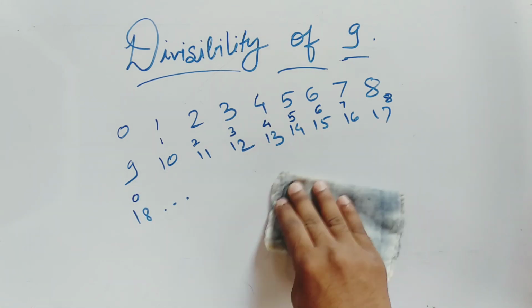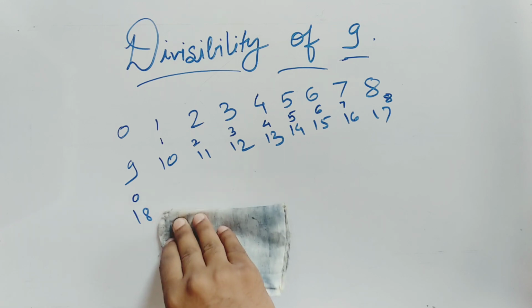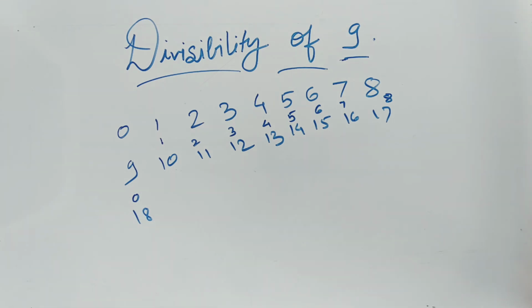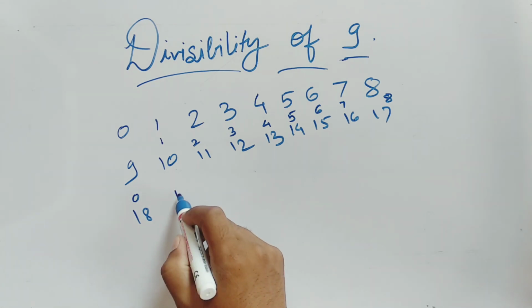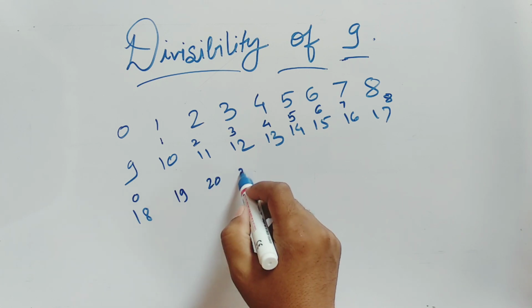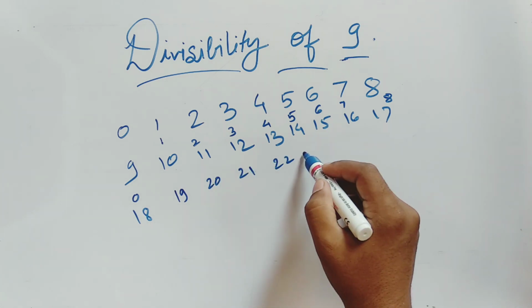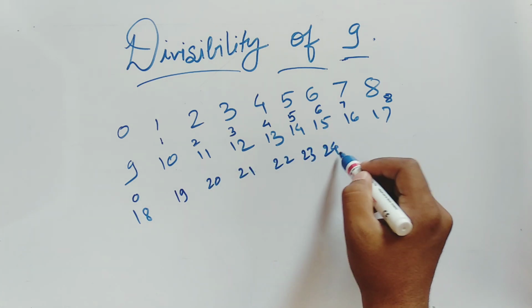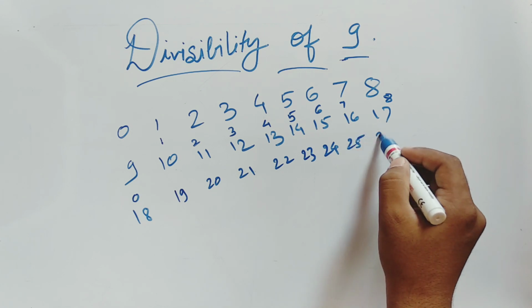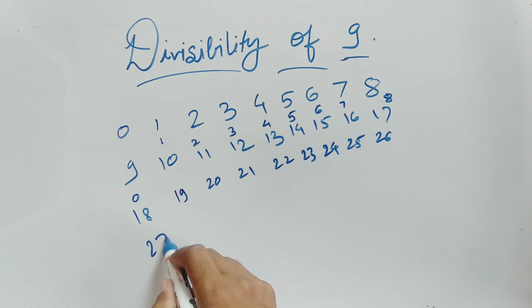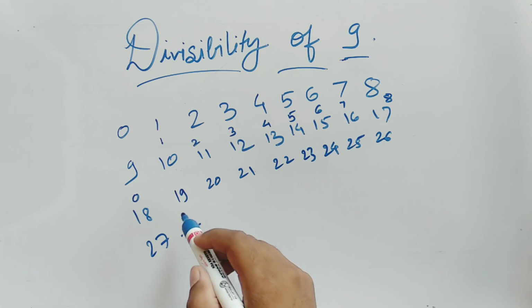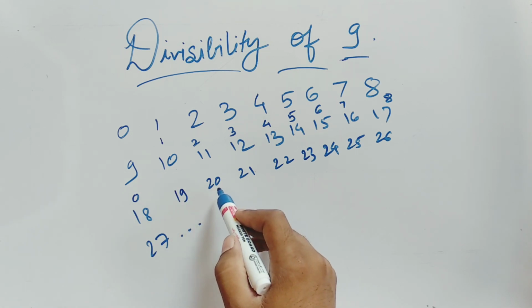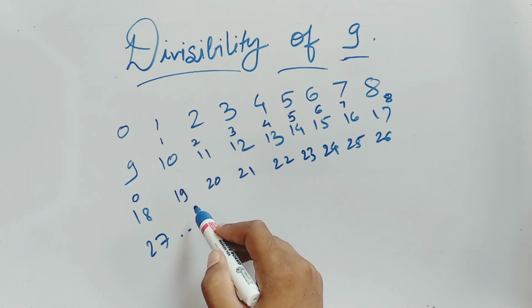Now consider some more numbers after 18, that is 19, 20, 21, 22, 23, 24, 25, 26, 27 and so on. Now try to convert these 2 digit numbers into their single digit equivalent form.